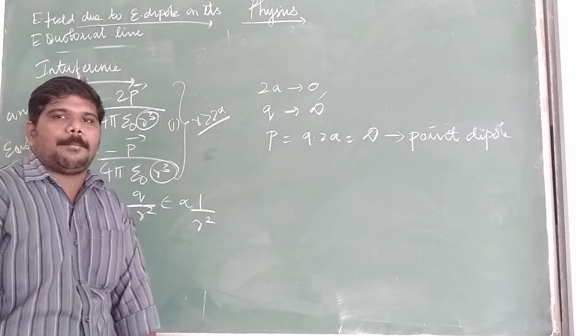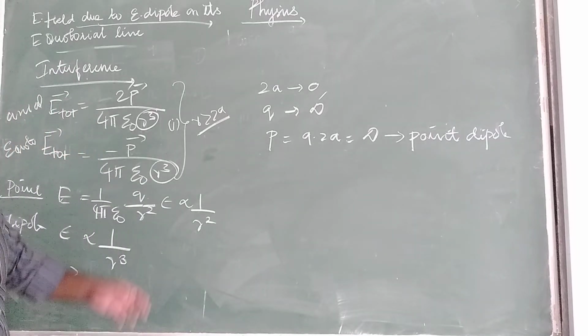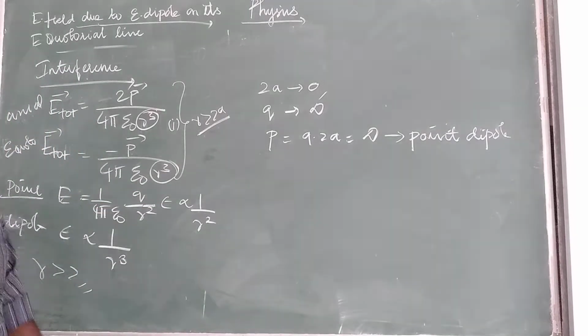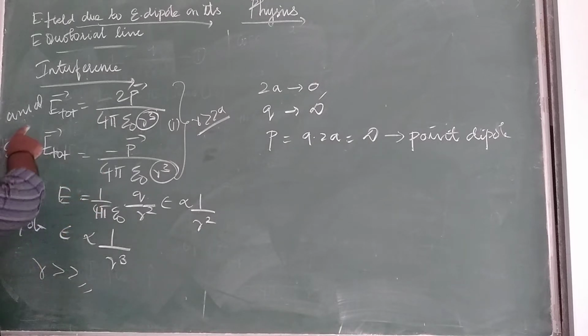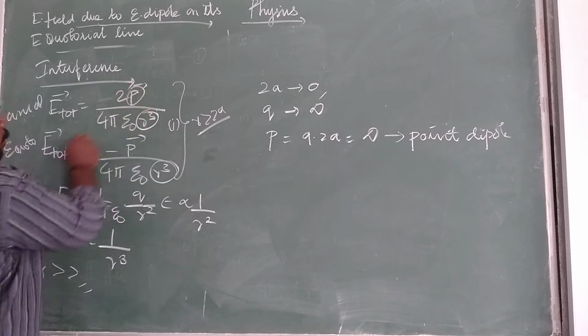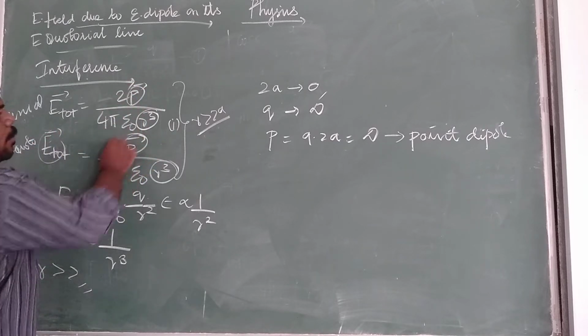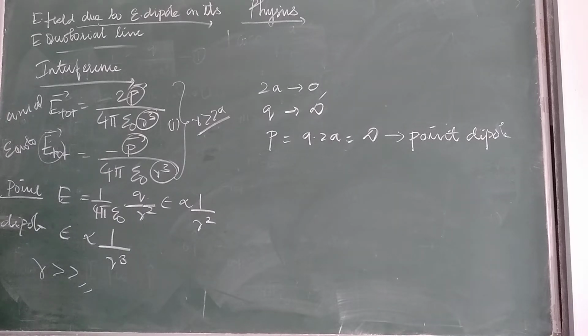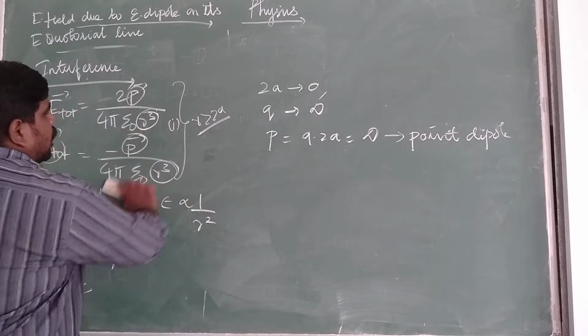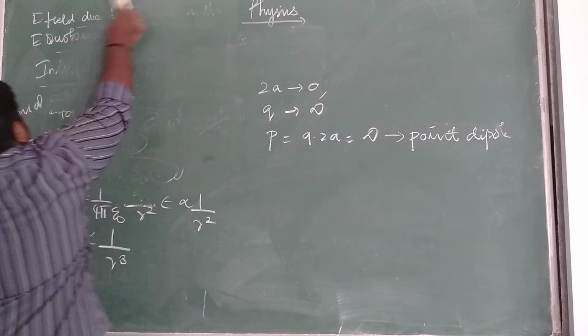I hope you understand these three points. One more point: the total electric field on the axial line acts along the direction of the dipole moment, but on the equatorial line it acts opposite to the direction of the dipole moment. Clear? So our next question is the torque experienced.